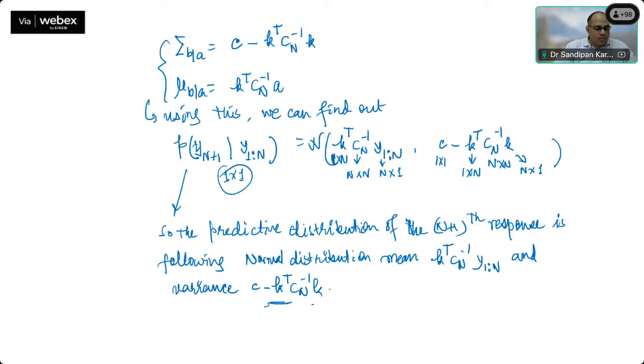So this is the Gaussian process regression. Another thing to be noted is the mean is dependent upon the response.